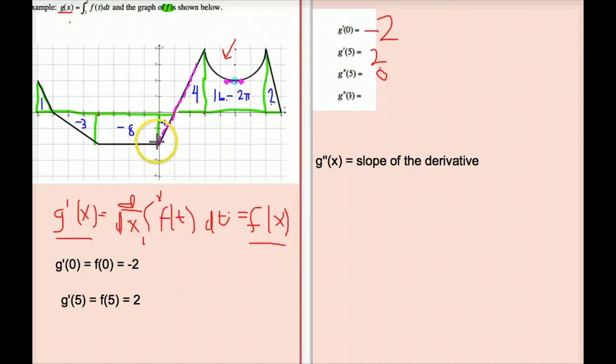If I take a look at this, I rose 2, and I ran 1. So 2 over 1 is equal to 2. So what we end up seeing is g prime of x are the y values.